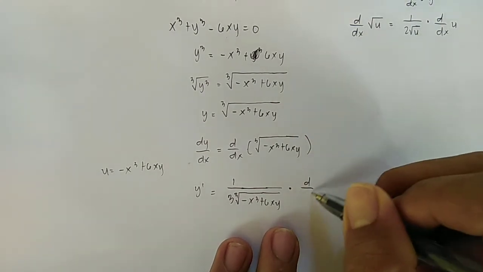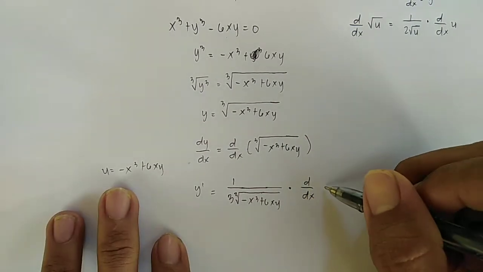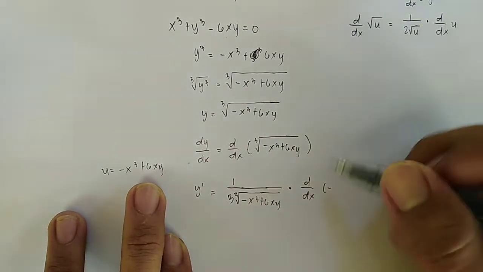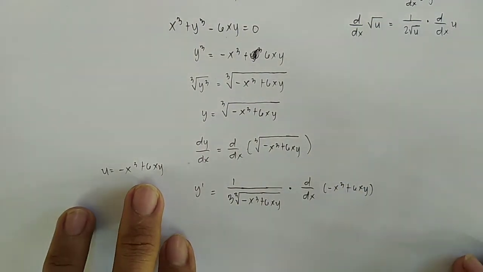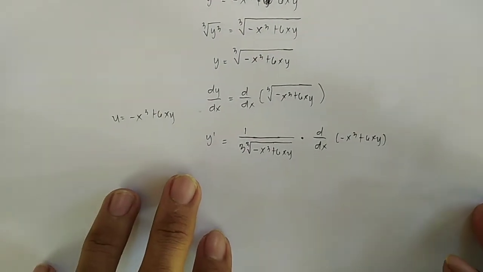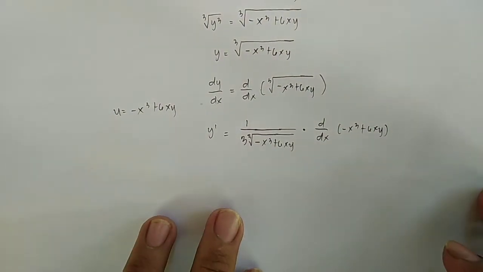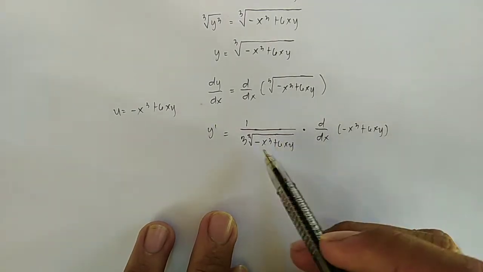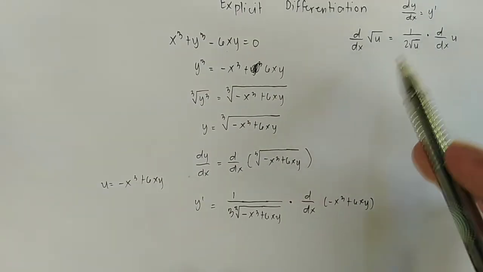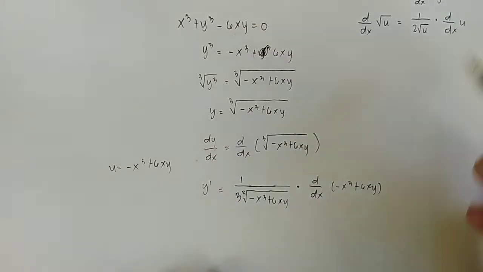So d over dx of u is d over dx of negative x cubed plus 6xy. So let us simplify this further. We follow the power rule for differentiation.